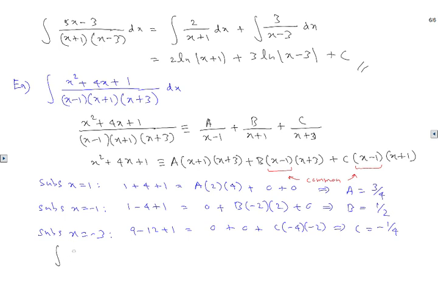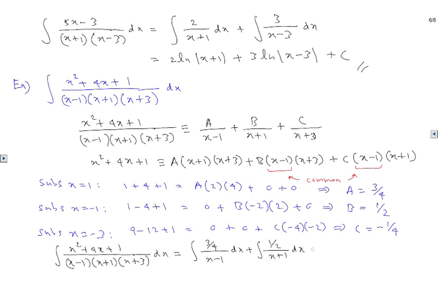So we're going to have the integral of x squared plus 4x plus 1 over x minus 1, x plus 1, x plus 3 dx, equal to a, which is 3/4 over x minus 1 dx, plus b, which is 1/2 over x plus 1 dx, and then minus 1/4 over x plus 3 dx.